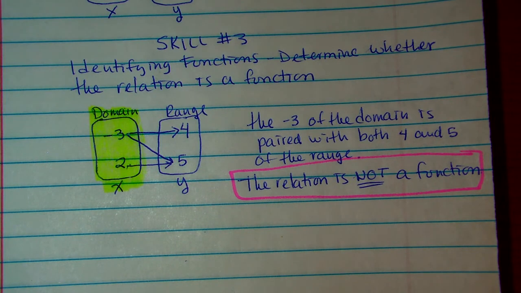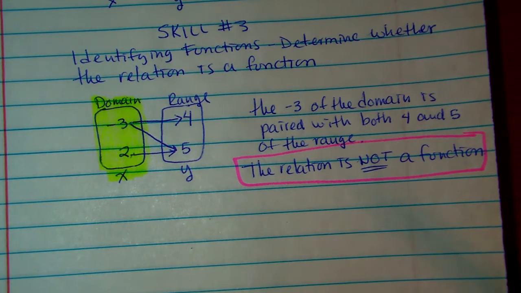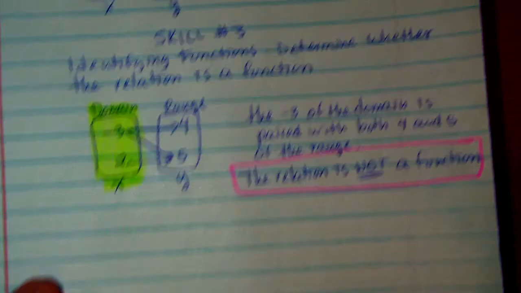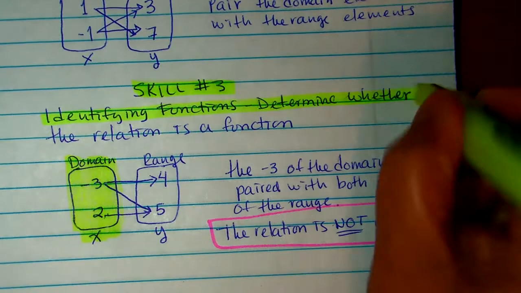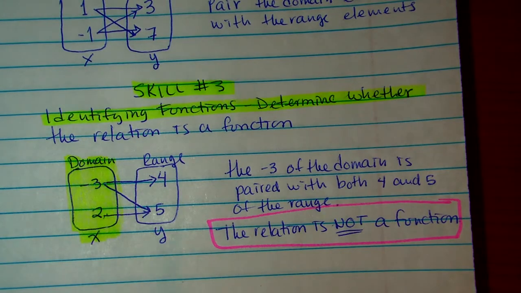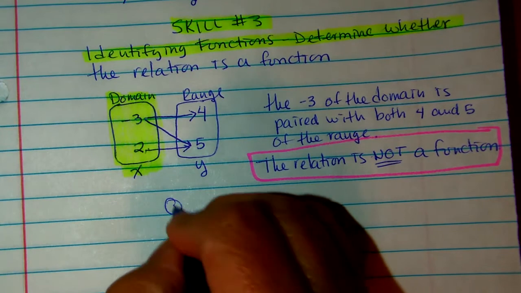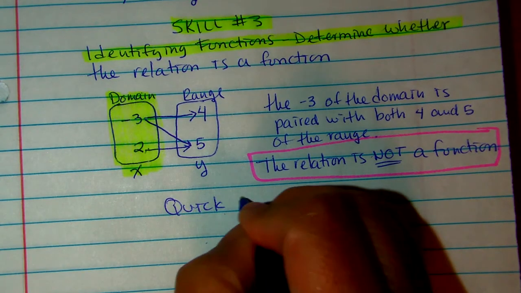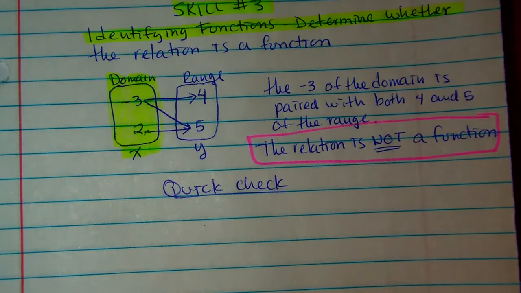And I think we're just going to work with more examples about skill 1, 2, and 3, okay? So this is skill number 3, identifying functions, okay? So on the quick check, we have the quick check right here about, just to go over what we learned, all right?